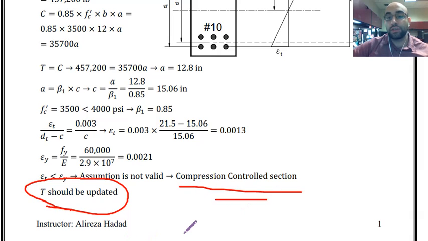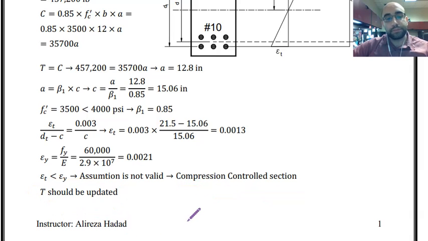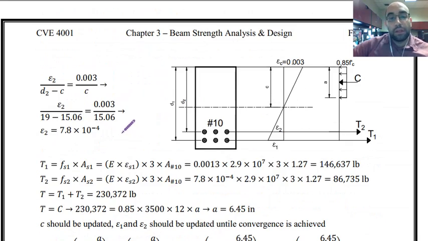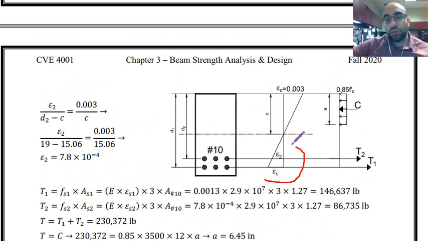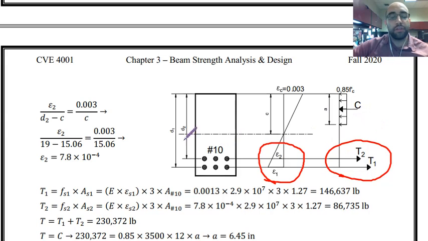whenever the section is compression control. So now I need to calculate the actual strain that we have in the reinforcement and then find the tension force based on multiplying the stress by area, and then use this tension force for finding the strength of the section.